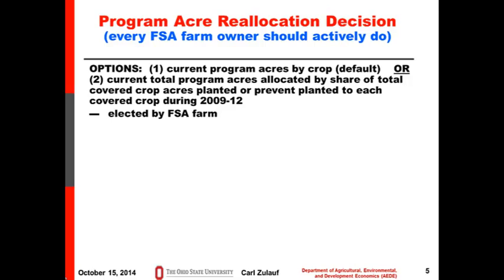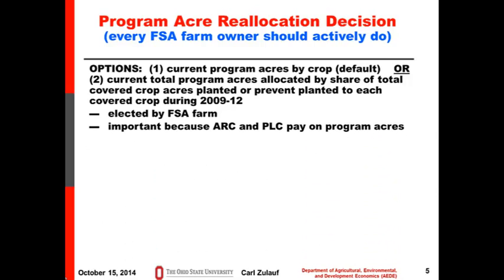This is a FSA farm decision, so you would make this decision not on a crop by crop basis as the program yield decision was, but you will make this on an FSA farm decision, and that means that either all the base acres are reallocated or none of the base acres are reallocated. So you either have option 1 or option 2 above.